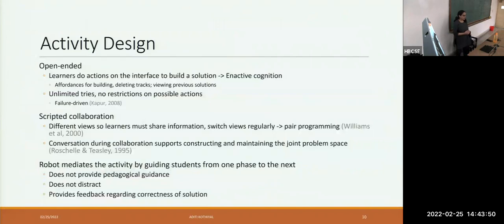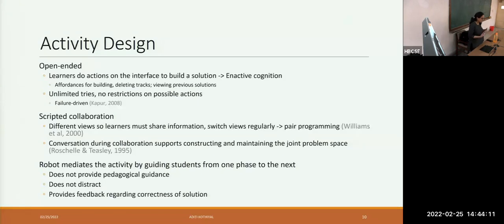Just a quick note: to start with, we had to have some activity design. So we used literature to guide us on what are the principles for this activity design. We deliberately made it open-ended because we want students to participate in any way that they like, because we don't know yet what is the right way to do this.